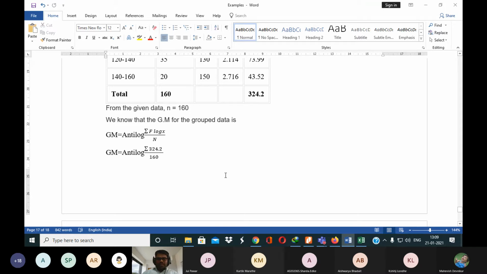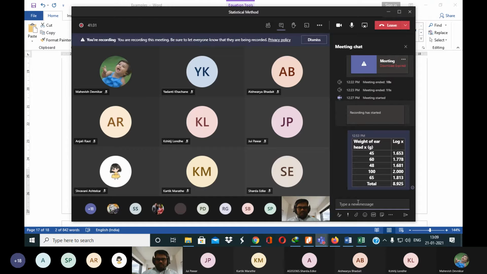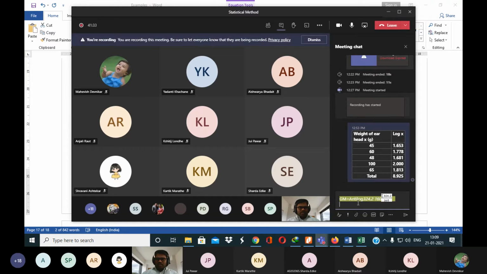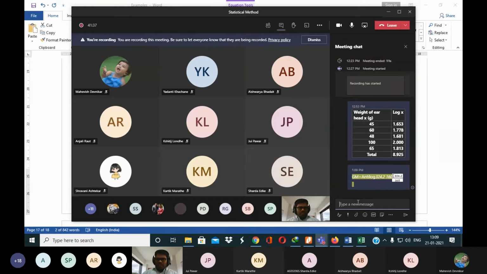Okay, please tell me the answer. What will be the answer? I have already calculated the summation of log of x and the total number of items. Now you have to find the anti-log of the given number.